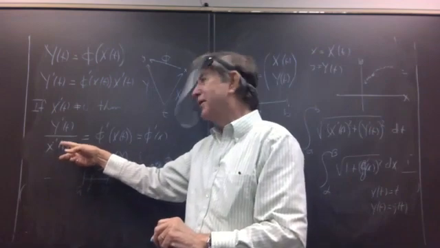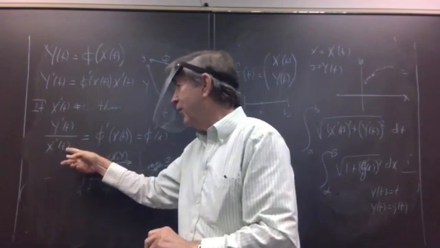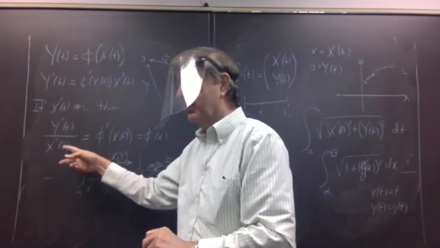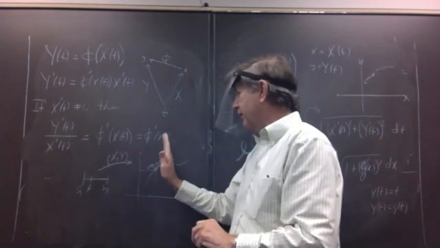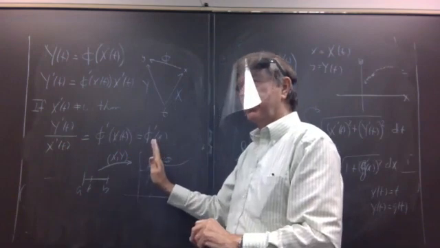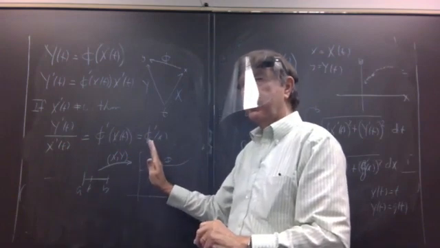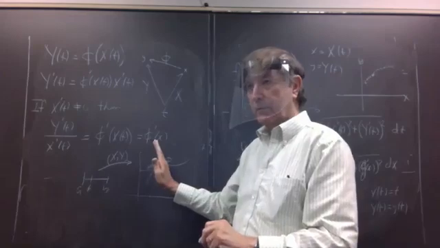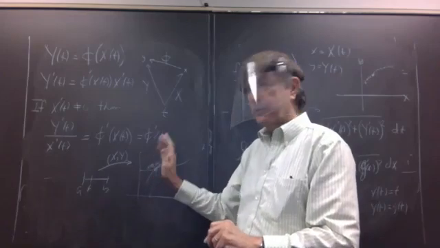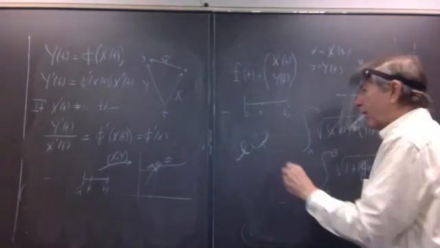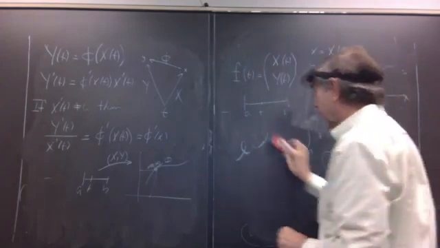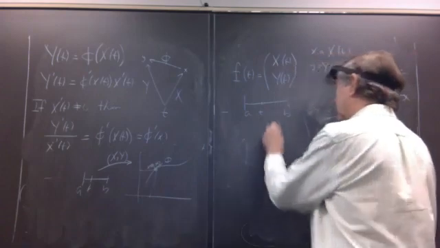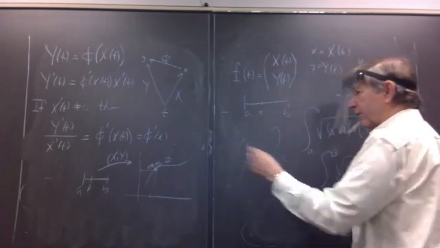Now, what is it like when the denominator is zero? What if I have a curve and the denominator is zero? That's when you have a vertical line, right? So where are things going to mess up if I have a thing like this, where do you think this is not going to work?